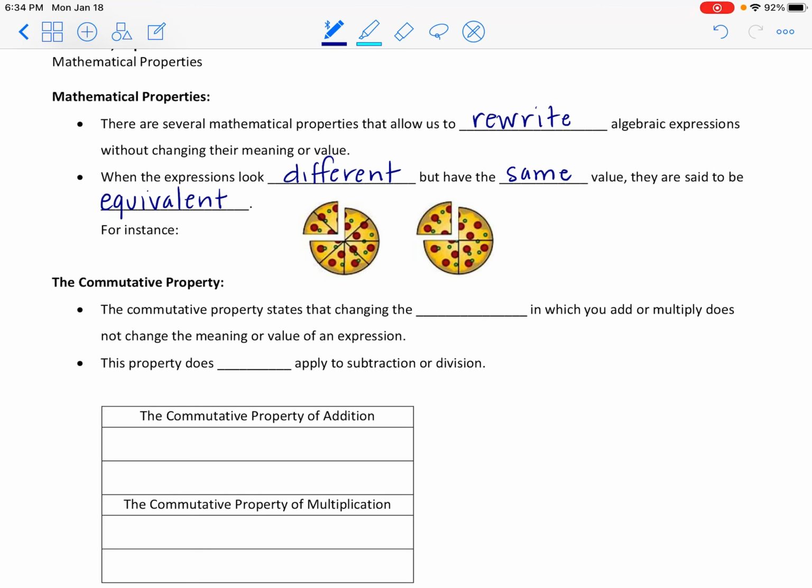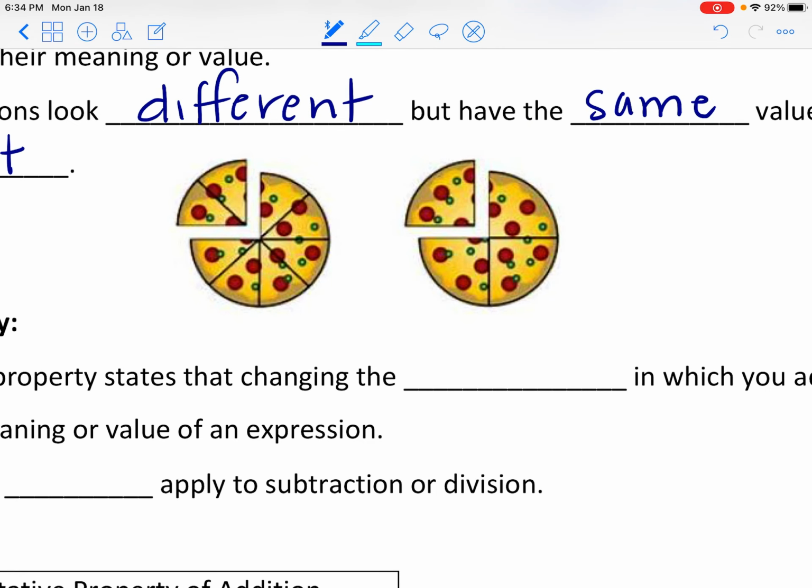So for example, let's say you bought a pizza and I bought a pizza, same size pizzas, okay? But I had my pizza cut into 8 slices, and you had your pizza cut into 4 slices, same exact size pizza. You say that you ate 1 slice, and then you called me greedy because I ate 2 slices.